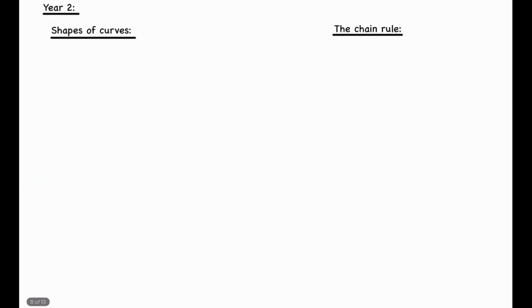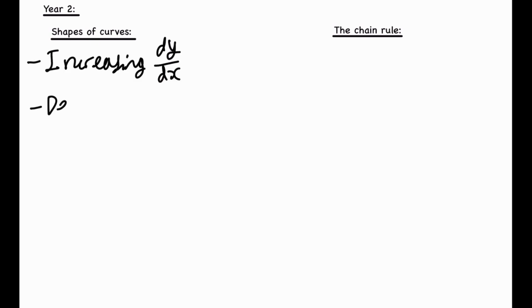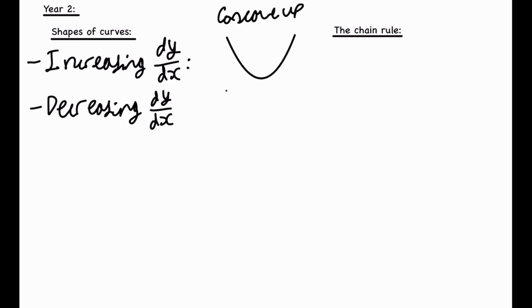And now let's go on to year 2 content for differentiation, shapes of curves. So in a curve, we either have an increasing gradient or we have a decreasing gradient. An increasing gradient would have a graph which looks something like this. And this we would call concave upwards or convex downwards.